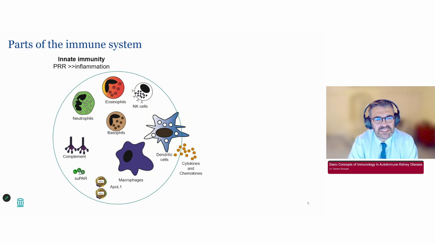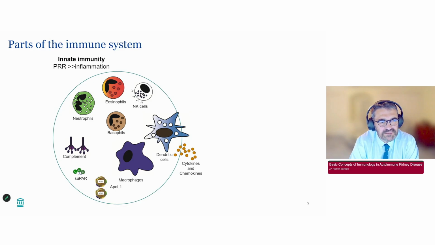You can see that the innate immune system contains cells, some of which you may recognize: neutrophils, macrophages, eosinophils, and dendritic cells. But then there are also circulating components that are molecular in nature, and some of these are becoming really important in our understanding of the pathogenesis of glomerular disease, as well as in the treatment of glomerular disease. And so I'll point out two things that I hope you will hear later on in the course.